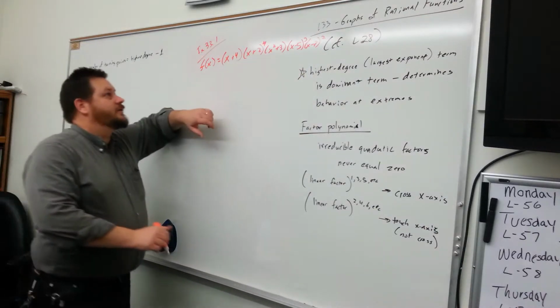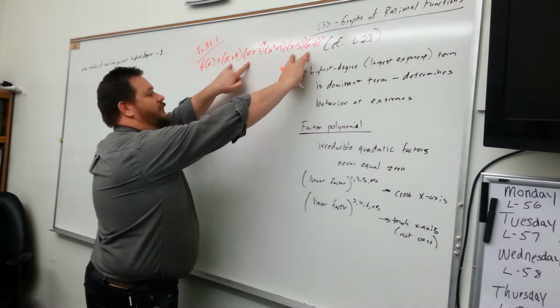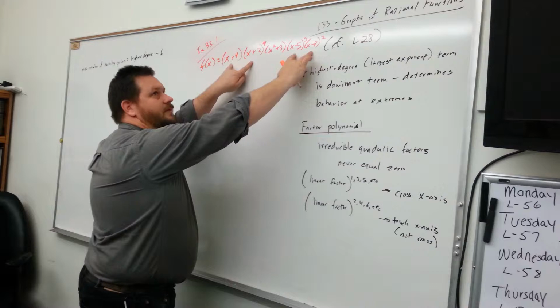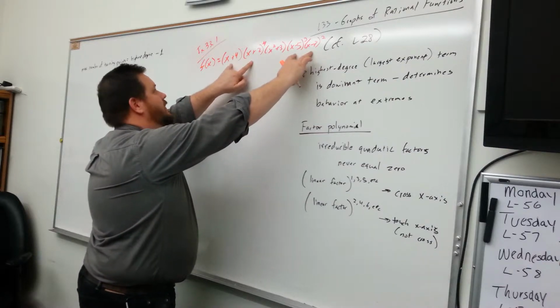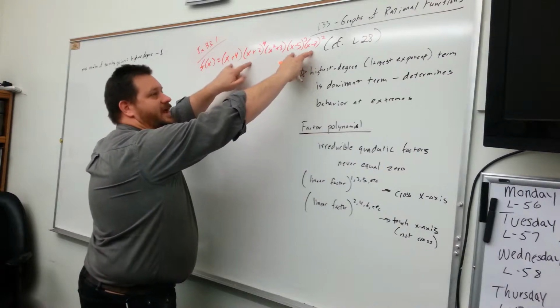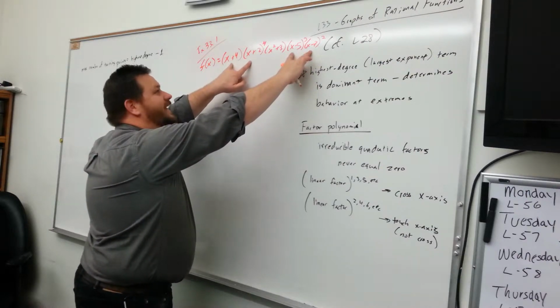So in this example, we've got 4 linear factors, meaning that if we graphed what's inside each of these parentheses, that would make a line. This one is to the first power, this one's to the second power, third power, fourth power, but in any case, these are linear factors.